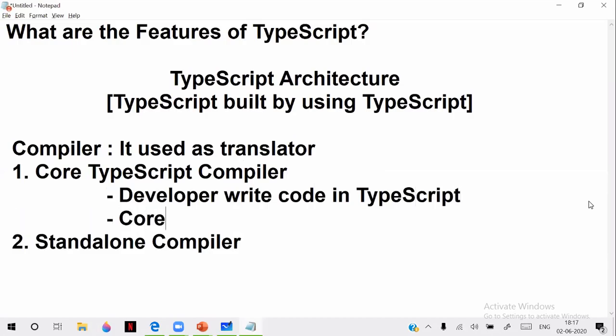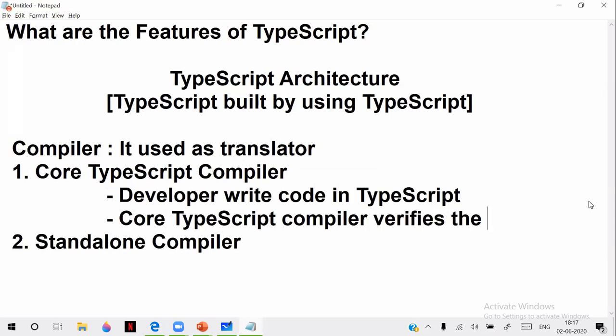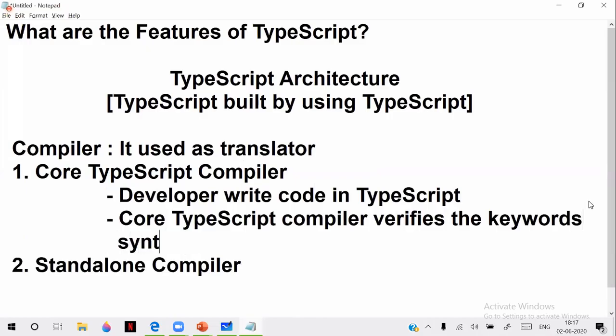Then the core TypeScript compiler verifies the keywords and syntaxes.